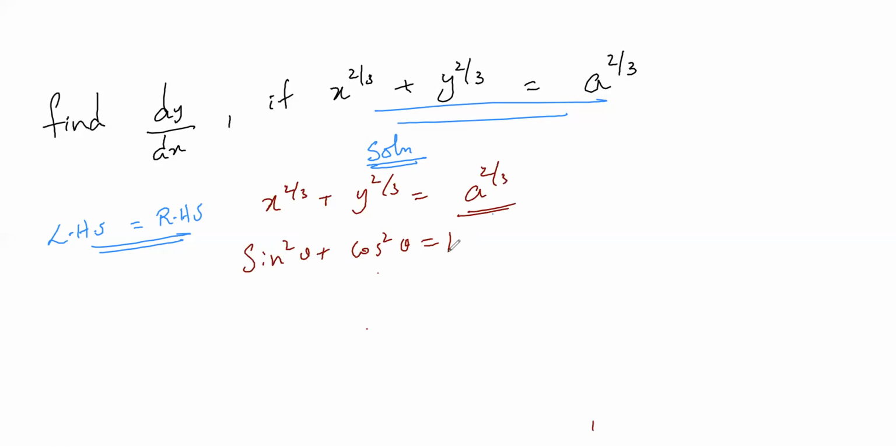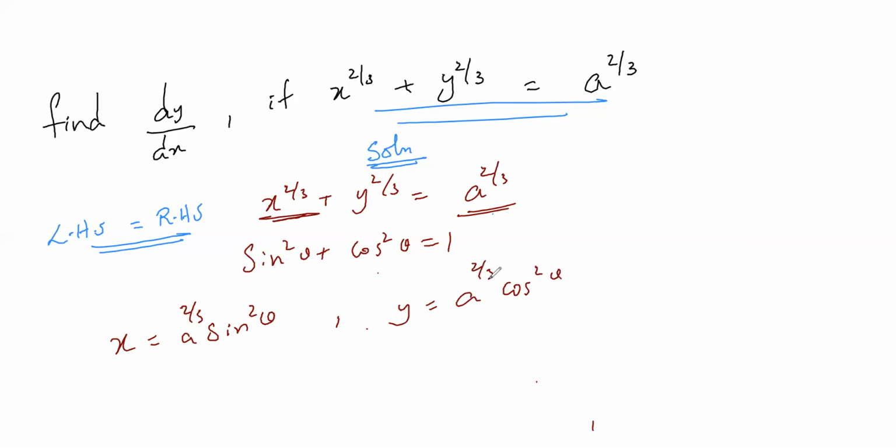But suppose I am substituting, let x be equal to some sine square theta. So this I'm actually showing how we should substitute. Okay, x is equal to a sine square theta, or a power 2 by 3 sine square theta, and y is equal to a power 2 by 3 cos square theta.